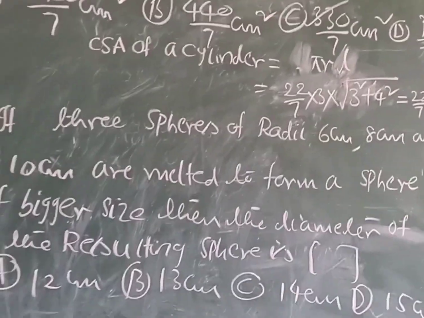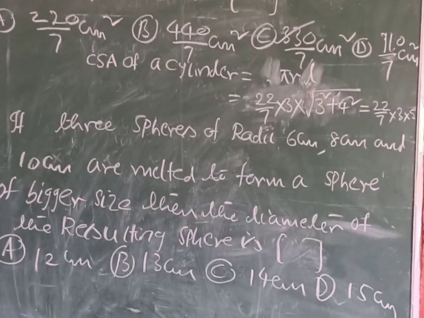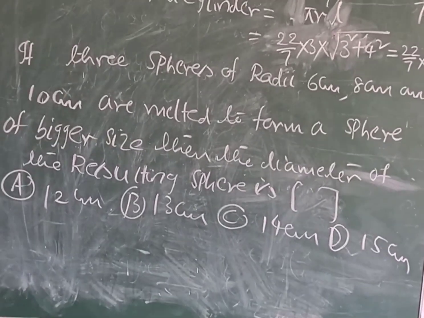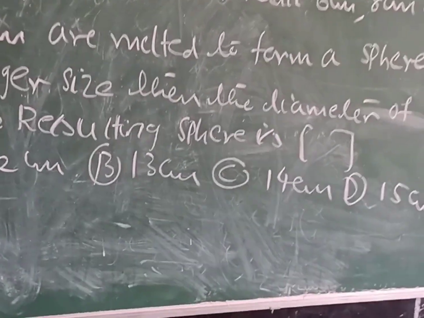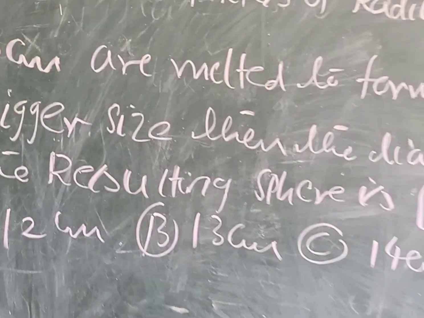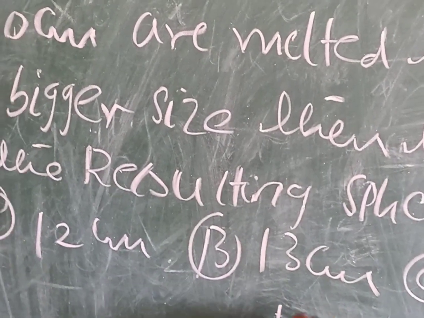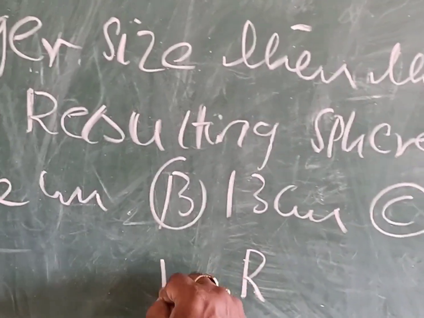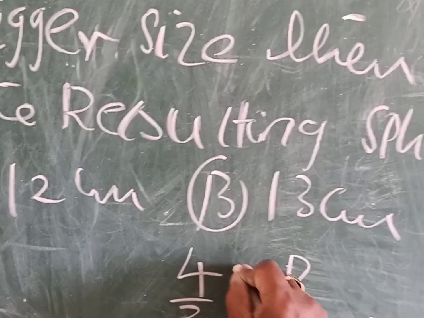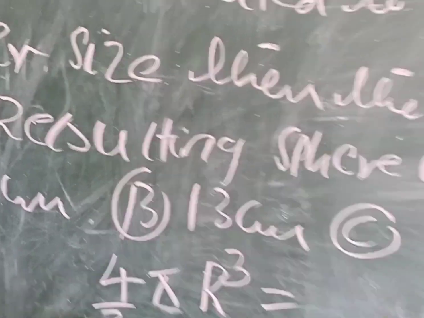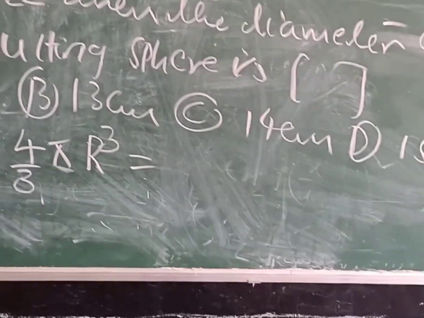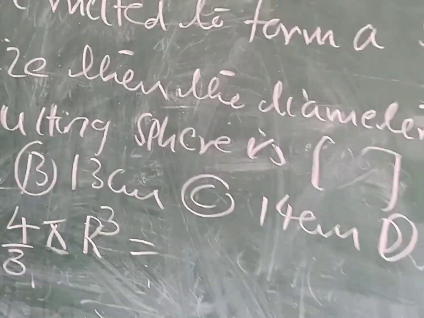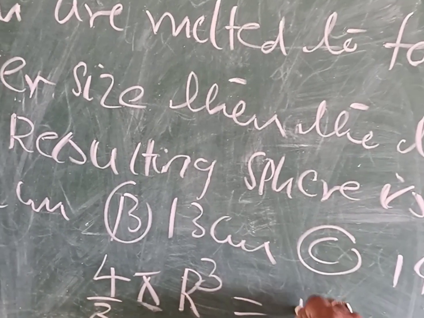If three spheres of radii 6 centimeters, 8 centimeters and 10 centimeters are melted to form a sphere of bigger size, then the diameter of the resulting sphere is? Let the radius of the resulting sphere be R. Therefore 4 by 3 pi R cube is equal to, since all these three spheres are melted to form a sphere of bigger size, their volume remains the same.